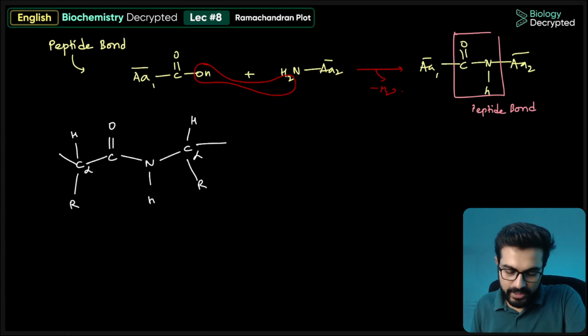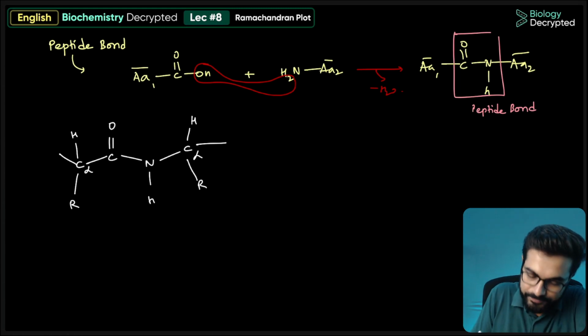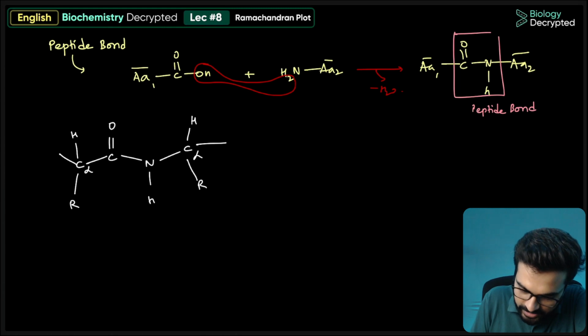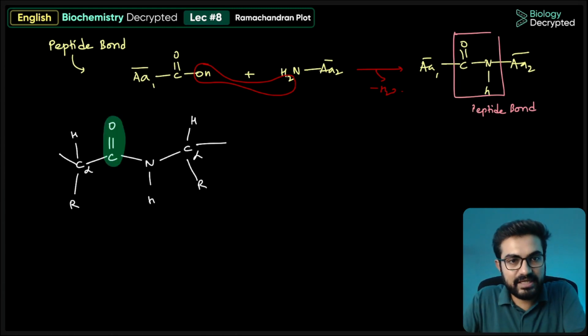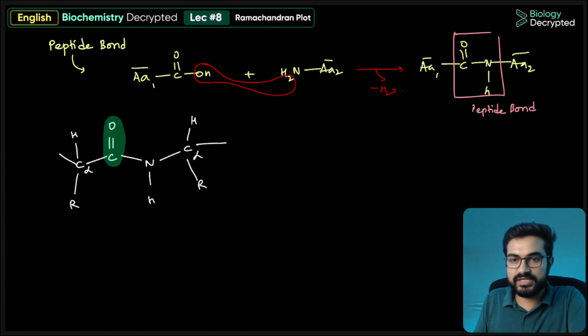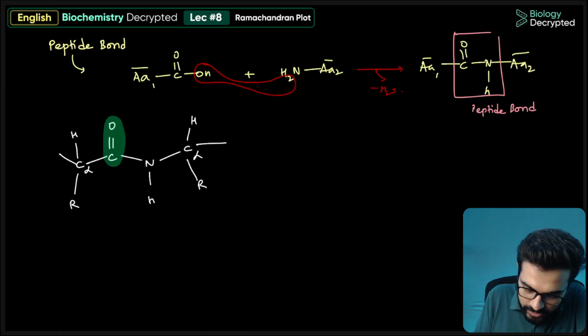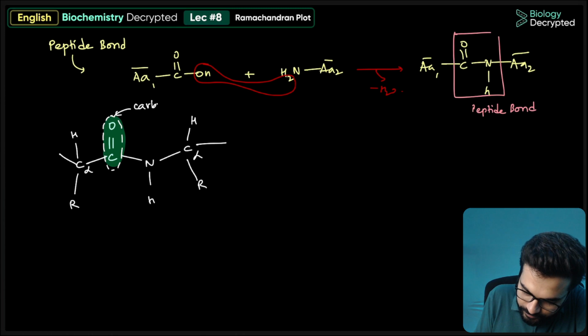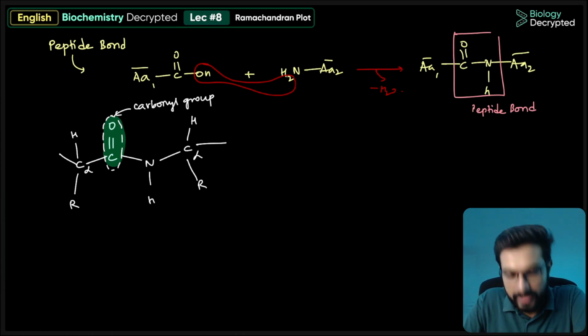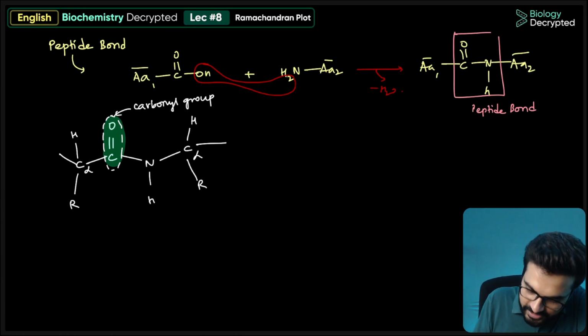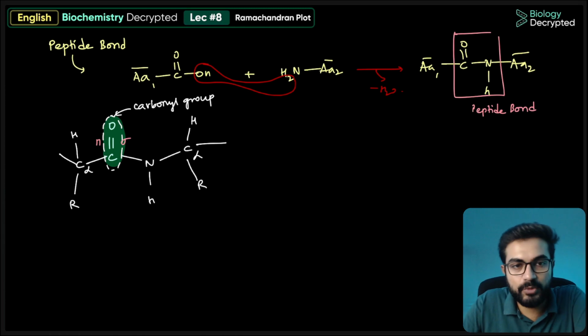Now, if we look at this particular carbon, this is the carbonyl carbon, or we can call it the carbonyl group. Obviously here one bond is a pi bond, the other bond is a sigma bond.